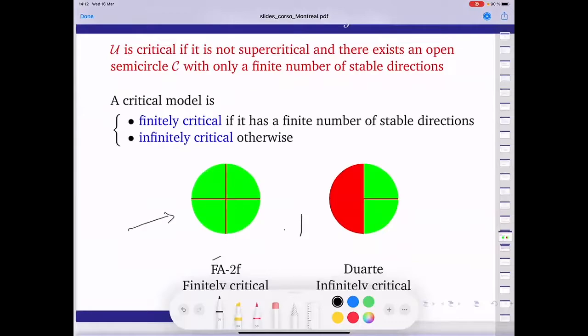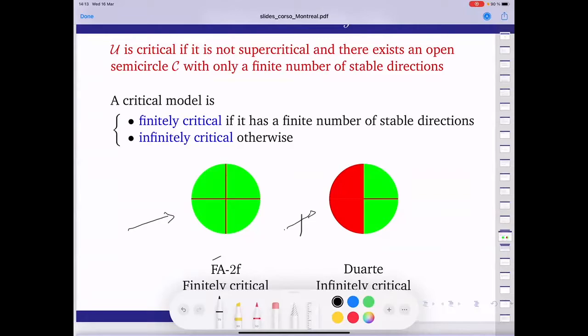For the Duarte model, the left semicircle is completely stable, all directions are stable. And in the right semicircle, the only direction which is stable is E1. So there is a semicircle which contains only a finite number of stable directions, also in this case.